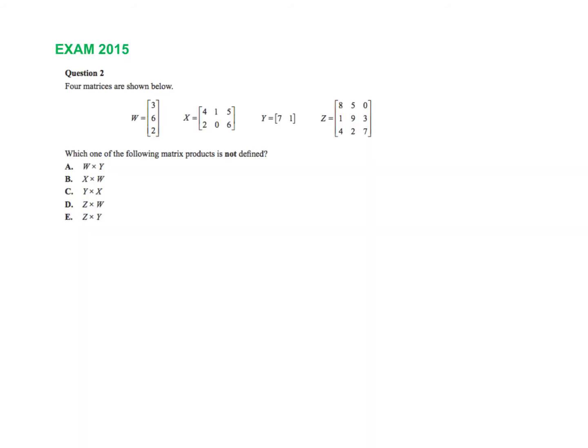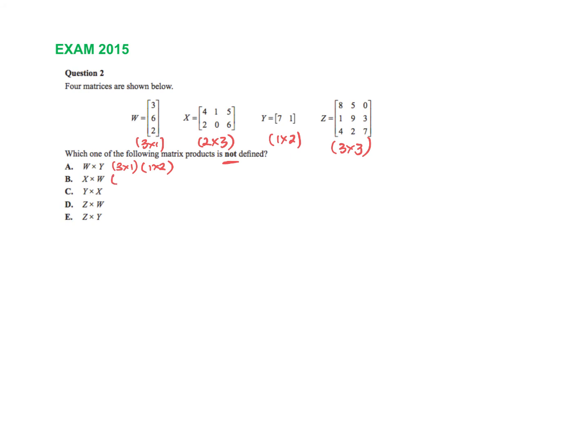Okay, so with this one, 4 matrices are shown below. Which of the following matrix products is not defined? So just quickly pop the orders there: 3 by 1, 2 by 3, 1 by 2, and 3 by 3. So which one's not defined? W and Y would be a 3 by 1 and a 1 by 2, that's defined.